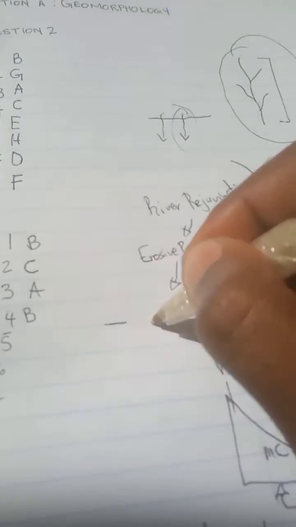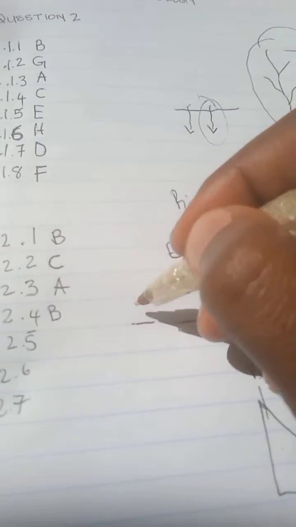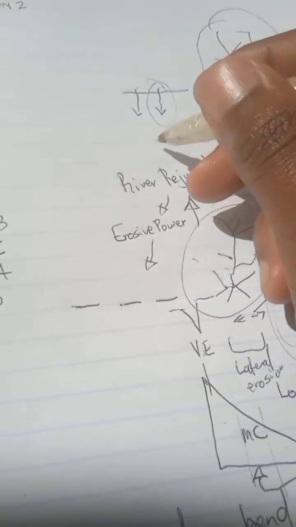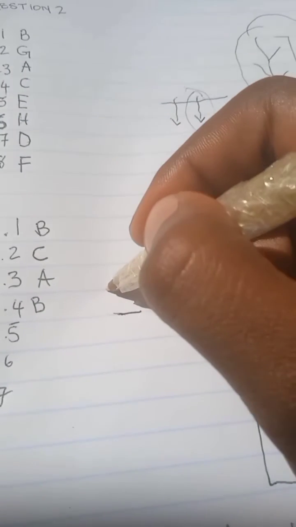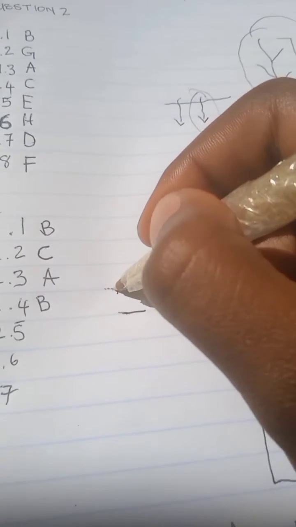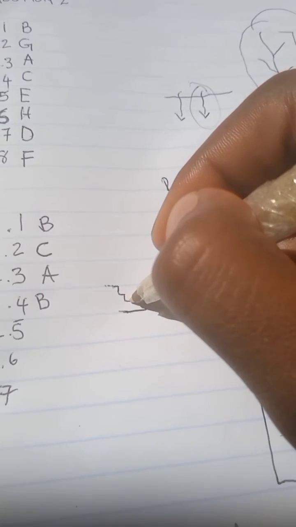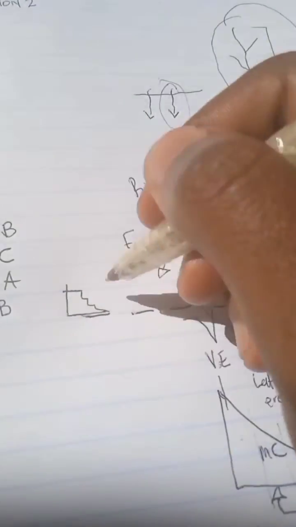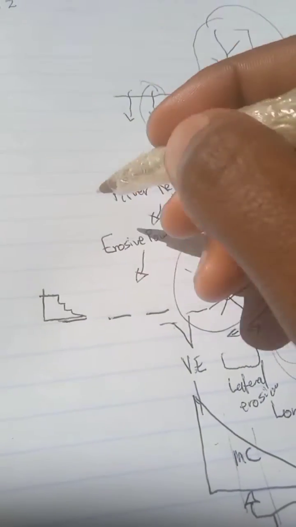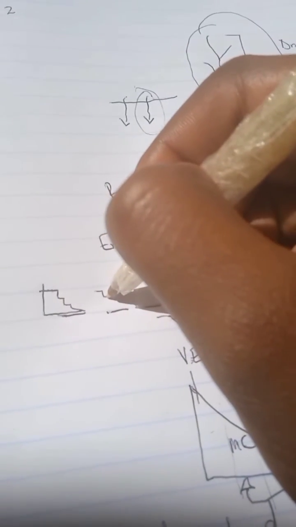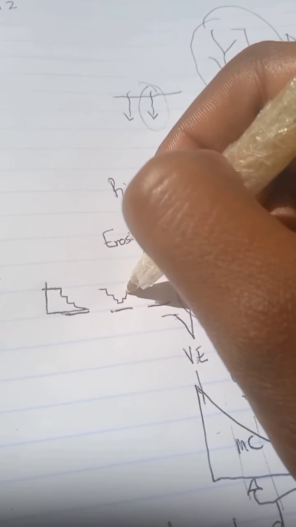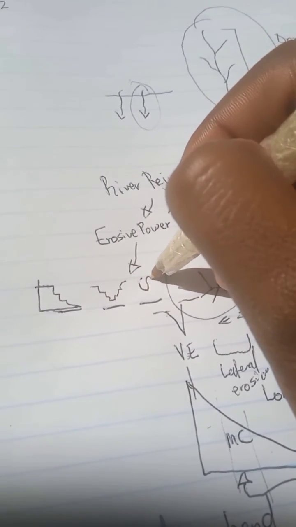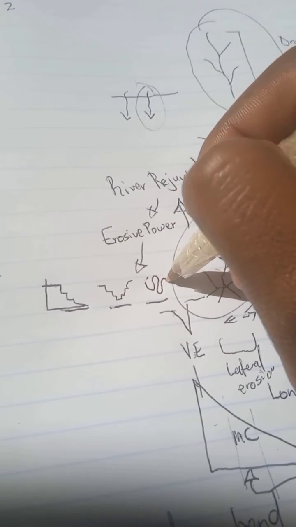There's three landforms that I know of that result from river rejuvenation. So you have nick points. Okay, so a nick point, of course, looks like that. It's like what you would usually find on an ungraded river. You have terraces, and you have incised meanders. Those are very sharp meanders.